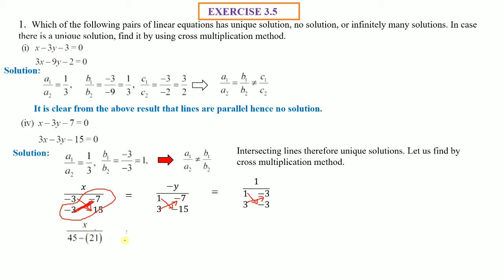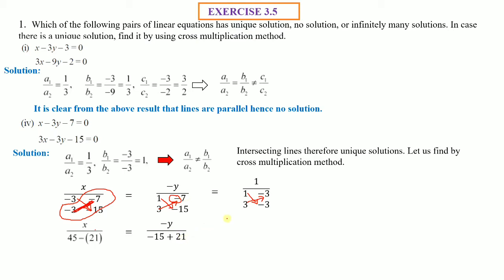Next is minus y upon 1 into minus 15, and then an extra minus, and this minus of 7 will become plus. So minus 15 and minus into minus plus 21.